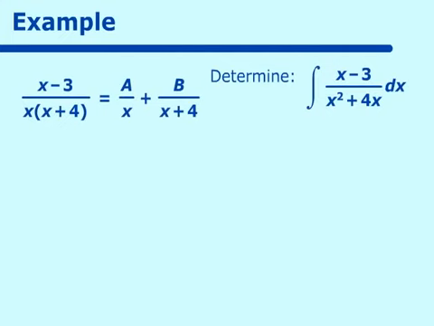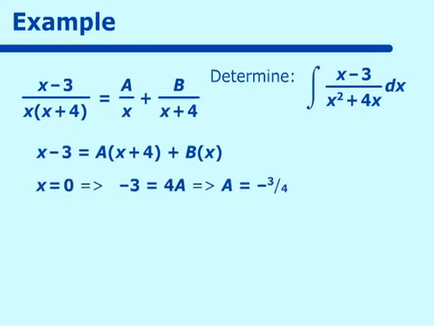So now we have x minus 3 is equal to a times x plus 4 plus b times x. Setting x equal to 0, we get negative 3 is equal to 4a, or a is equal to negative 3/4.